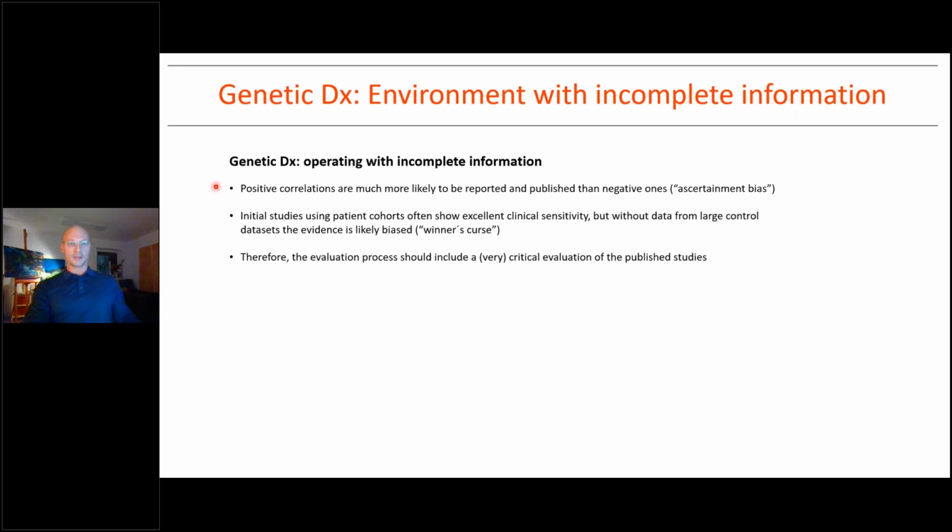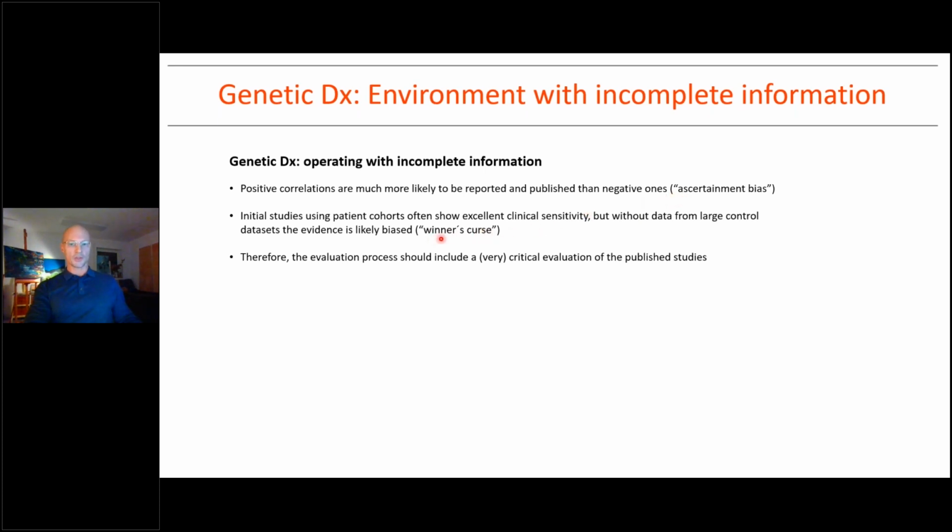I want to give an example by showing you that we still have the problem that positive correlations are much more likely to be reported than negative ones. There are some initiatives right now in the Global Alliance and also in the HGVS to change this, but still this holds true for all publications right now, and this can lead to an ascertainment bias, amongst others.